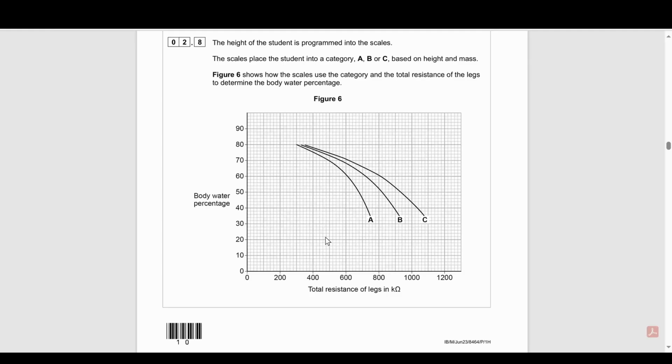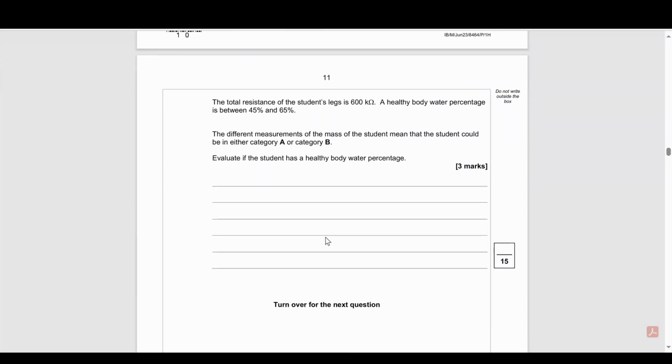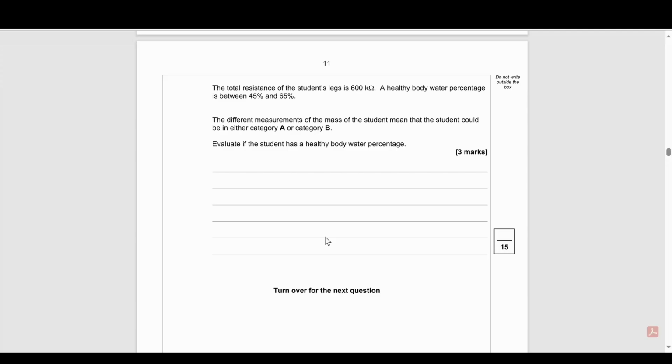So x-axis, total resistance of the legs in kiloohms, y-axis, the body water percentage, and 3 curves, each representing a different measurement. The total resistance of the student's legs is 600 kiloohms. A healthy body water percentage is between 45% and 65%. The different measurements of the mass of the student mean that the student could be in either category A or category B.